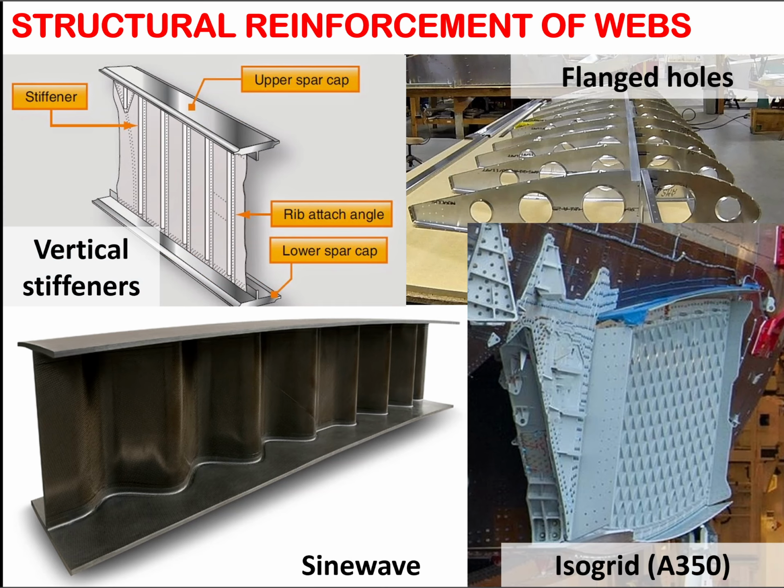Again, other examples of where plate buckling becomes important, and how to actually prevent it. We have different types of methods that are going to help us prevent it or strengthen our design to have higher buckling loads, like vertical stiffeners, flange holes, isogrids, and sine wave designs.